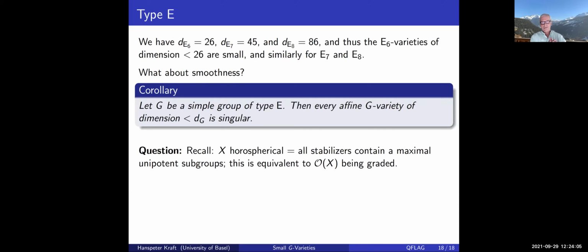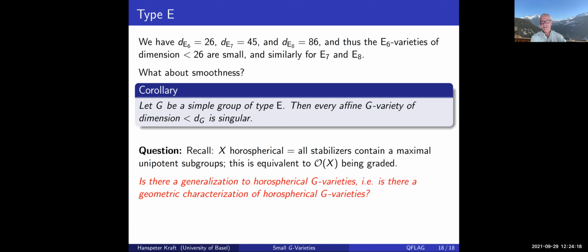So we have mentioned that the horospherical case means all stabilizers contain a maximal unipotent subgroup. This is equivalent to being graded. Now there's an interesting question. Do we have some kind of a better geometric characterization of horospherical G-varieties?